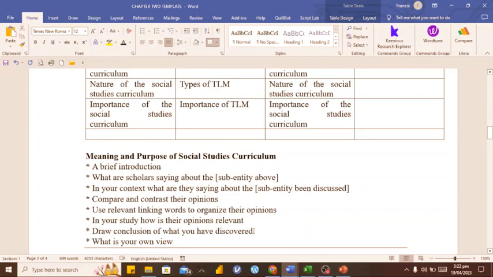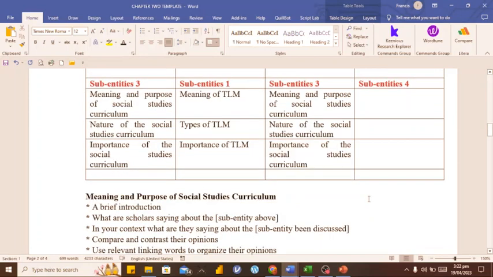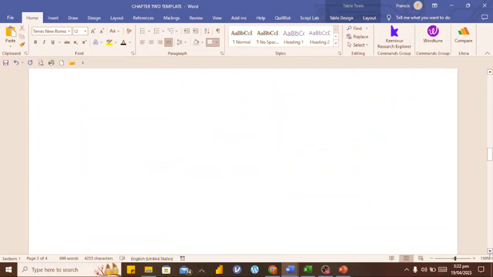Then you also add your own view about what they are saying. So this is how you go about it. When you are done, you come and take the second one, the nature of the social studies curriculum. That is your sub-entity 2. Then you talk about that one too. So you do that for all the entities.